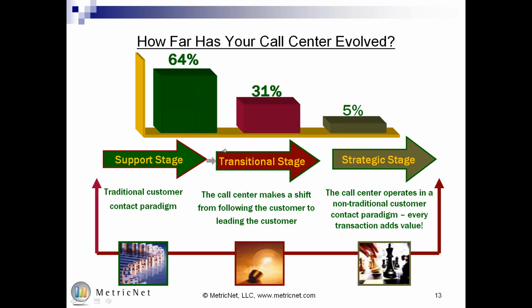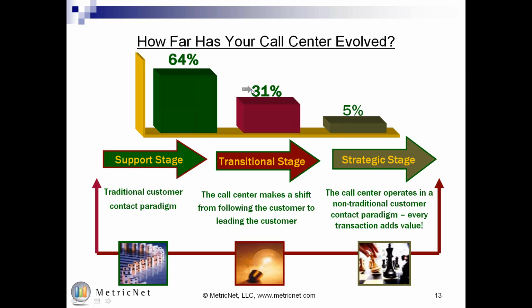These are the ones that recognize that there has to be a better way to do things, and they break out of this sort of reactive mentality, this customer support mentality, and they begin to make these investments in training and tools and technology. And those who are the most successful at making this evolution become strategic. They become a source of competitive advantage for their parent company. They are not reactive. They are preventive. They are proactive. Their goal is to drive a competitive advantage for their parent company as measured by customer loyalty, things like Net Promoter Score, repeat business, customer loyalty, and growing market share.